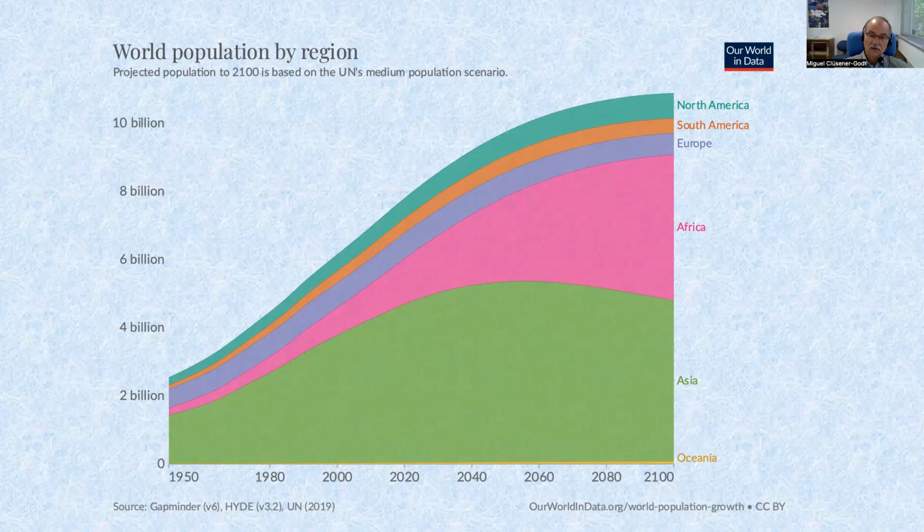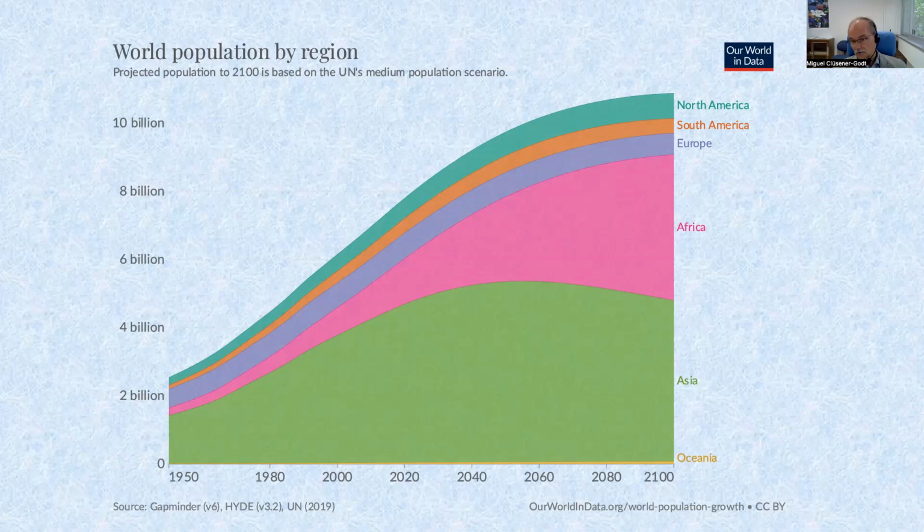Asia is still increasing on this graph, from 2020 to 2040, 2050, but then starts a real heavy decrease. But Africa will heavily increase, triple its population, I think from 1 billion certainly to something like 3 billion or more.